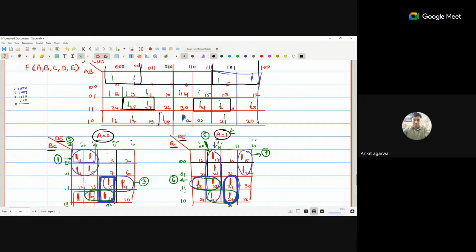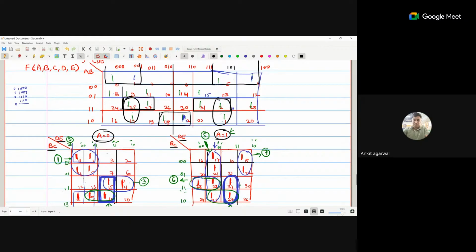This will be created as one group. This one and this one will be created as one group. So better is that we can create a group of this one, 25, 17 and this one.